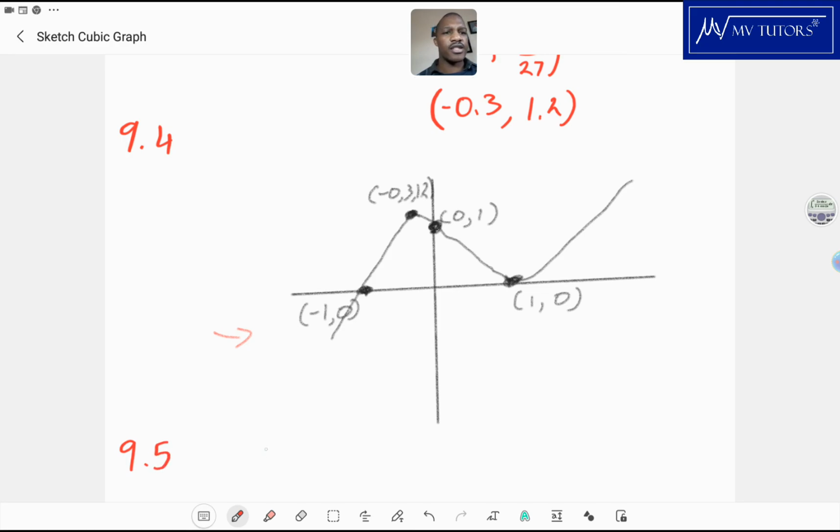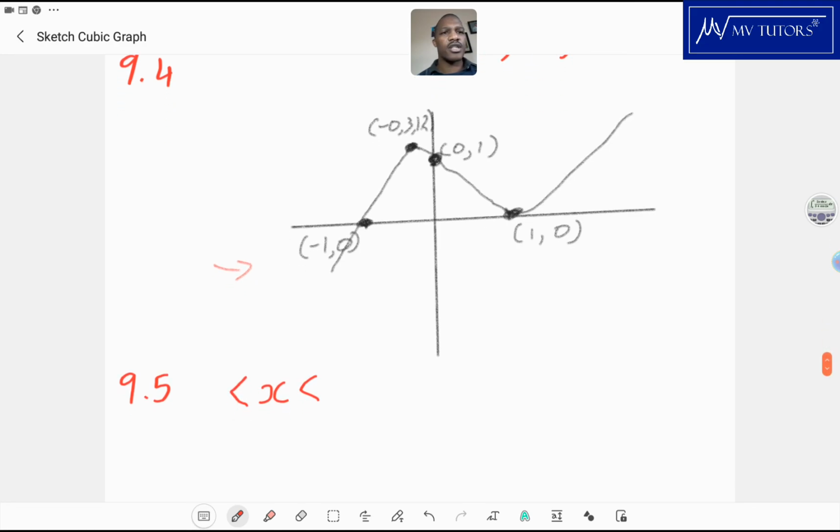So the way I write that is, the values of x where this graph is decreasing is between -1/3 and 1. That's it. That's where the graph is actually decreasing.